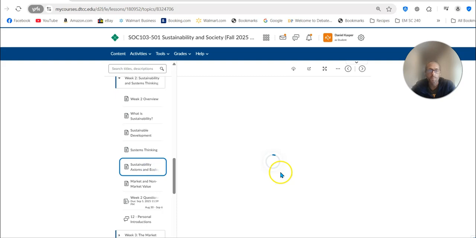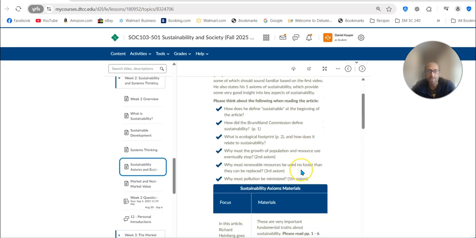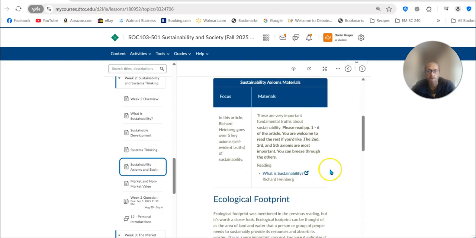And then we have these sustainability axioms. Again, another short article. Axioms in this instance are things that are, I guess, self-evidently true in an independent way. These are things that can really help frame your thinking, such as: we cannot emit wastes any faster into the environment than they can be safely reabsorbed, right?